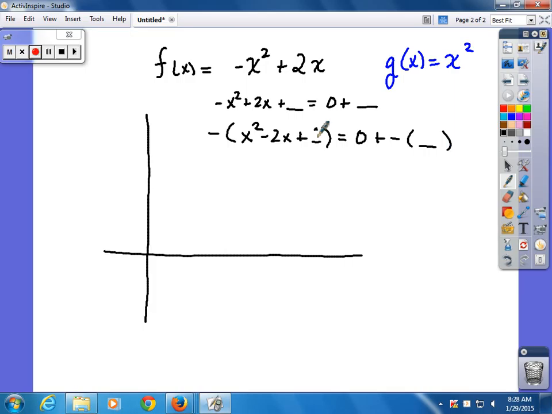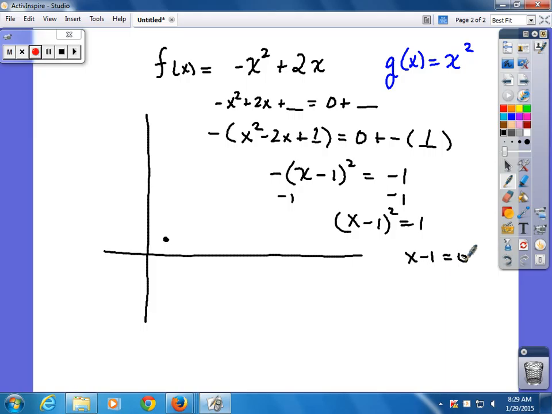And 1 squared is 1, so that'll give you negative x minus 1 quantity squared is equal to negative 1. So our vertex is 1, 1. And divided by negative 1, you get x minus 1 quantity squared is equal to 1. Take the square root, x minus 1 is equal to plus or minus 1.